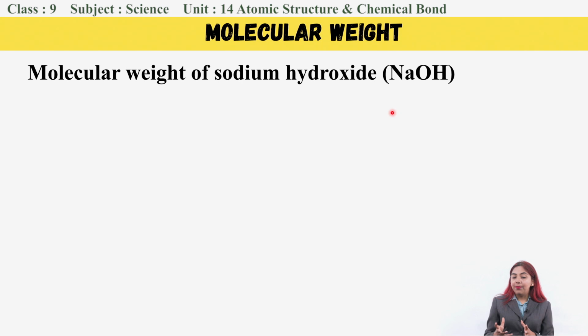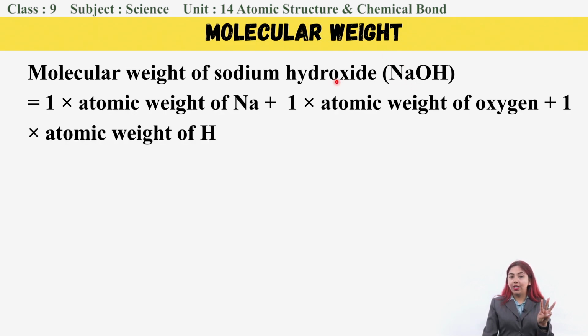Another example is that of sodium hydroxide. Here you can see that hydroxide is a radical. Even though there is a radical, we have to consider the atomic weight of each individual atom. So, there is 1 sodium atom, 1 oxygen atom and 1 hydrogen atom.